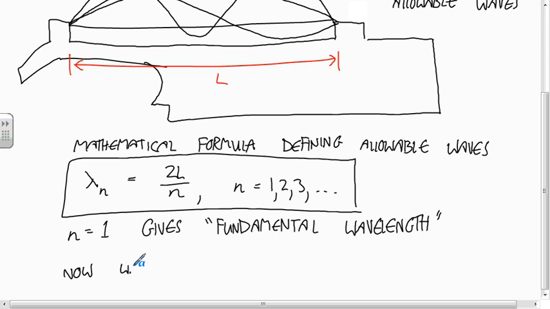Now we want to find the frequencies corresponding to each of these wavelengths.